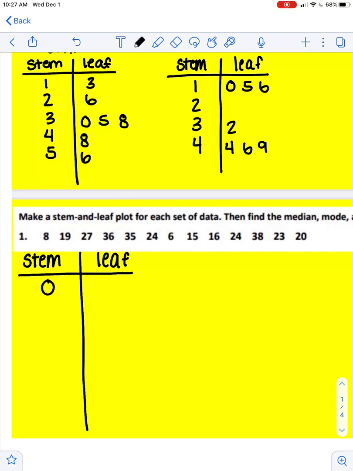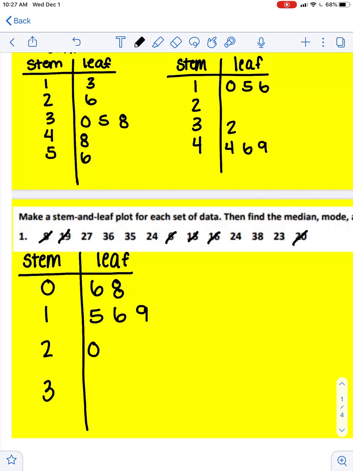And I've got my 1s, so my stem would be 0 because there's no 10s. And then I've got my 10s, my 20s, and my 30s. So in my 1s, I have 6, and I have 8. In my 10s, I have 15, 16, and 19.